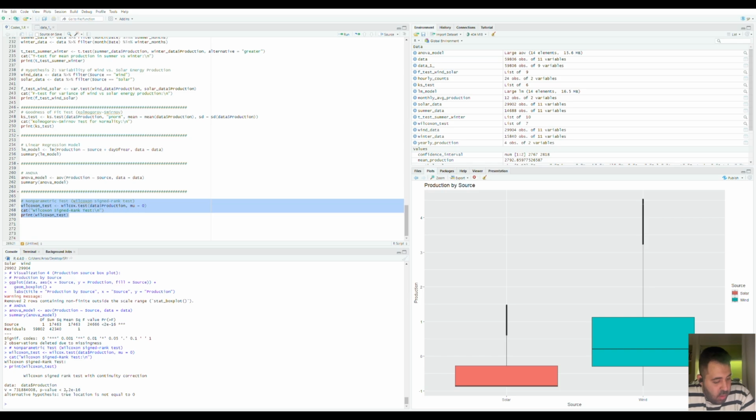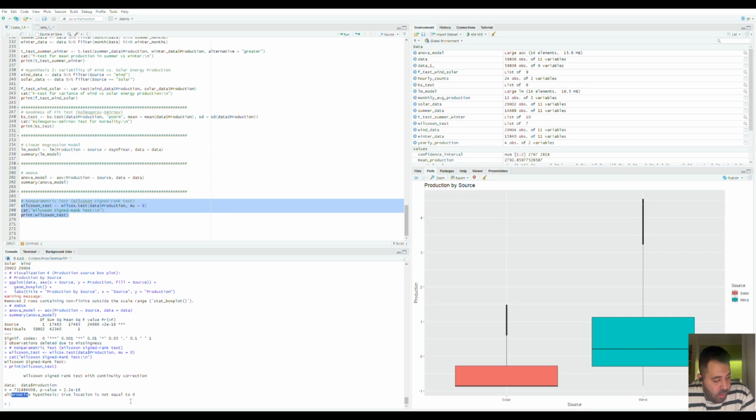indicating that it's extremely strong evidence against the null hypothesis, actually. And the alternative hypothesis is that the true location is not equal to 0. This means that the median is not equal to 0, actually.